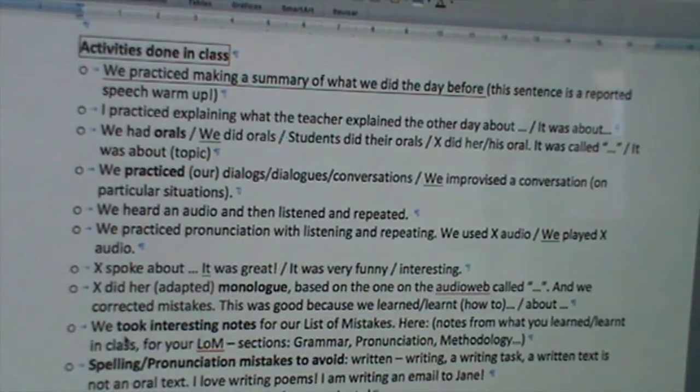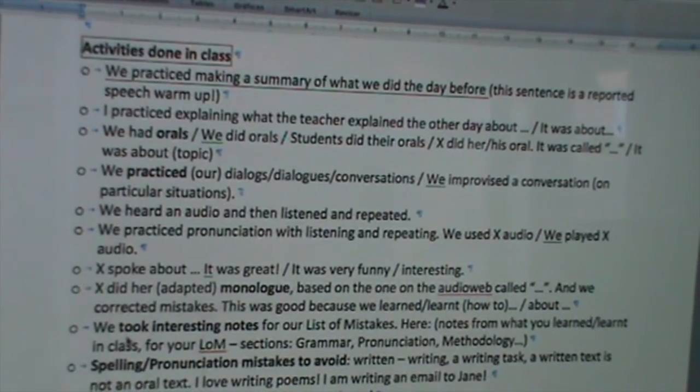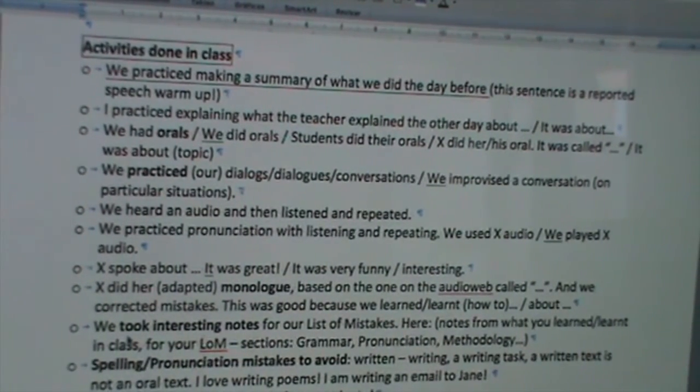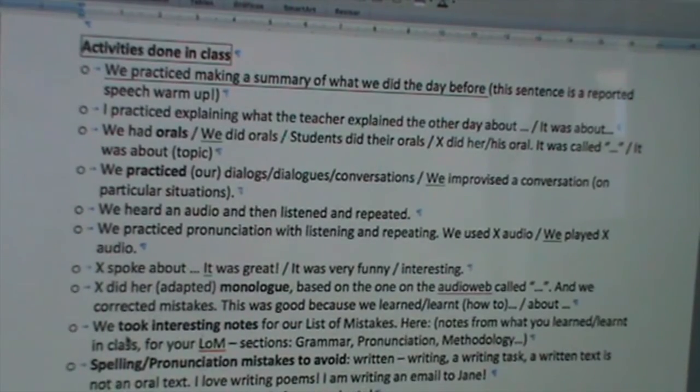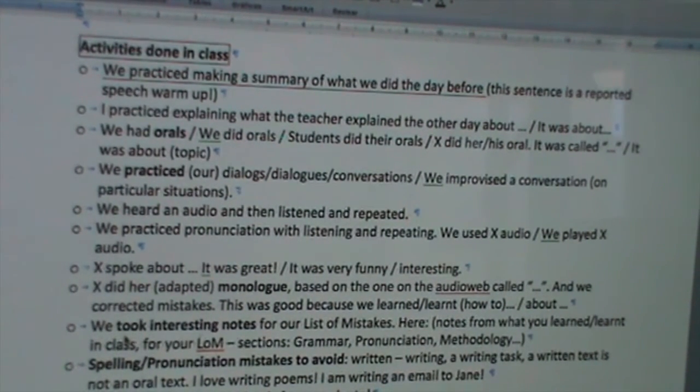Okay, let's continue. We practiced pronunciation with listening and repeating, because that is a type of exercise, L and R. We used whichever audio, okay? For example, we used audio number 1.3, or we used the holiday audio or the hotel audio, whatever.